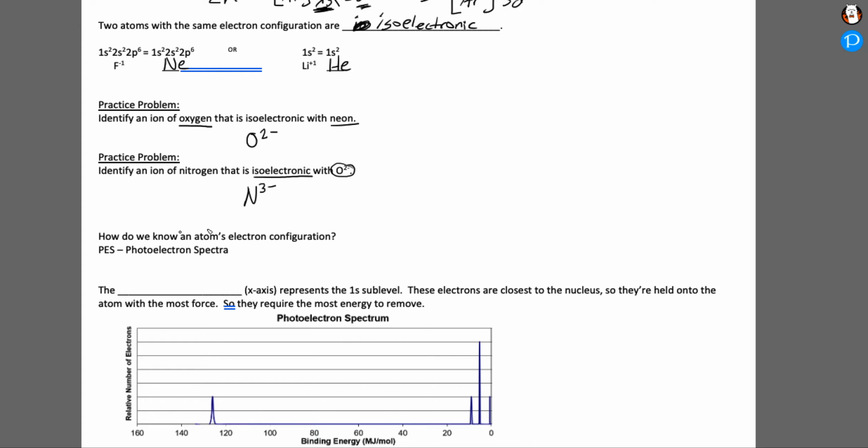Now, how do we know an atom's electron configuration? We use what is called PES, or photoelectron spectroscopy, or photoelectron spectra. Basically, it's a machine that kind of ionizes elements. It passes that element through magnets, essentially.